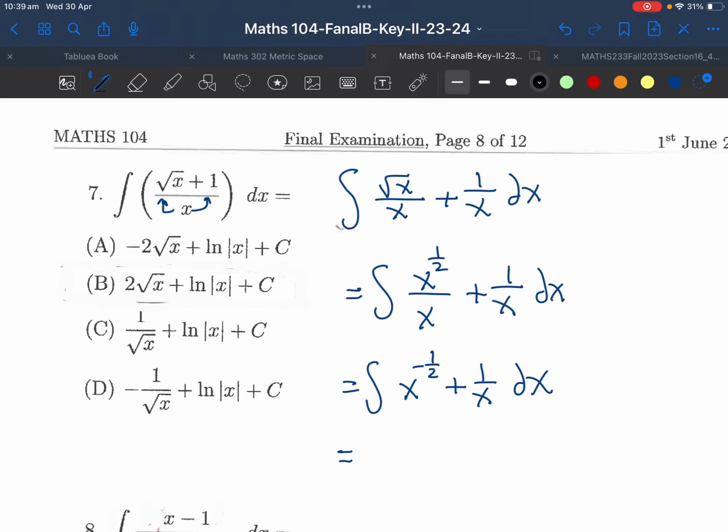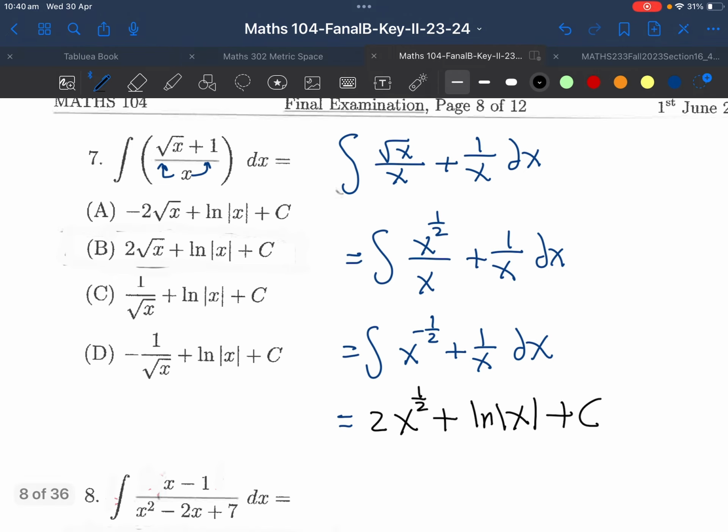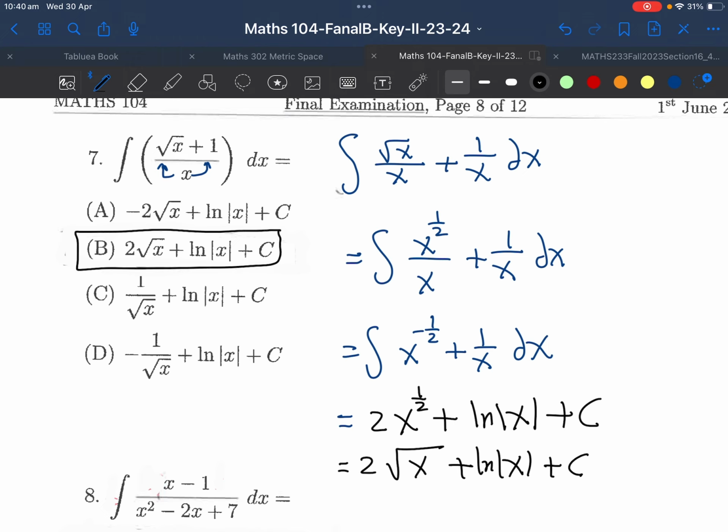And the final answer is: if we add 1, we get half, and here we have 2 x to the half plus ln absolute value of x plus c, which is the same as 2 square root of x plus ln absolute value of x plus c. And that is part B.